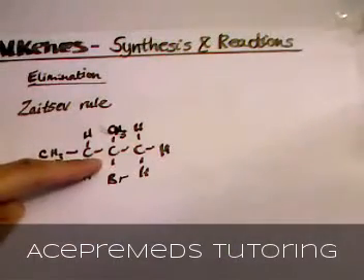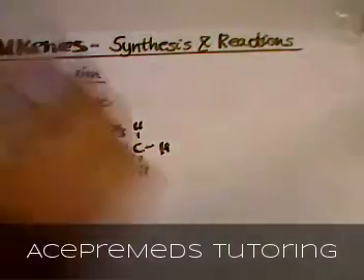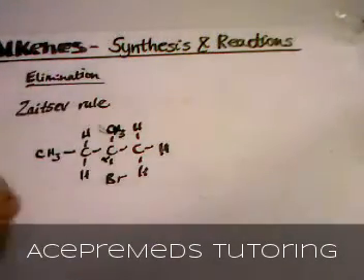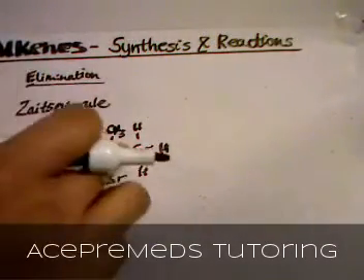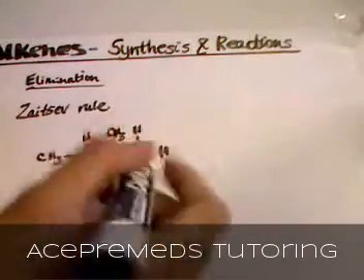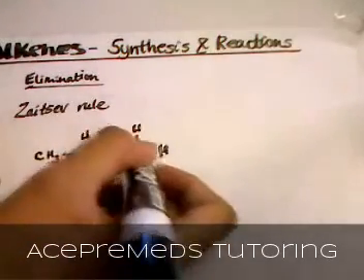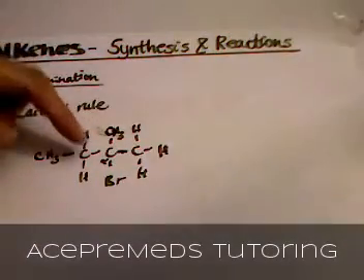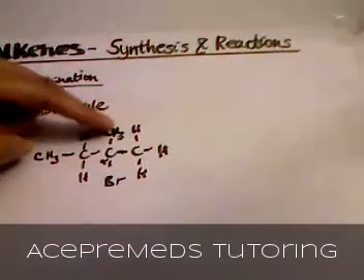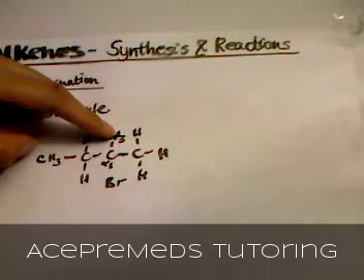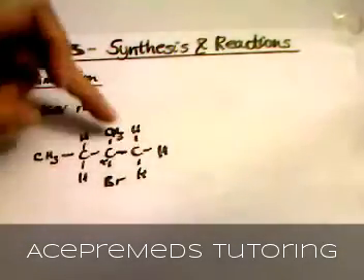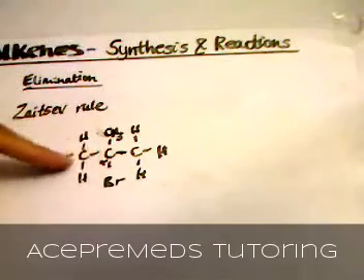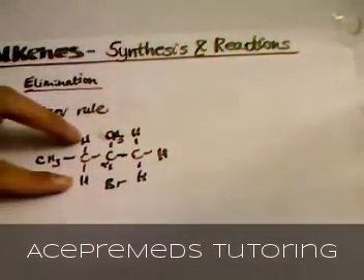If we look at this substrate, we see that this is the alpha carbon. It has 1, 2, 3 beta carbons. So the double bond can actually form between these two carbons if one of these hydrogens is abstracted. Or the double bond could form between this carbon and this carbon if one of these hydrogens is removed, which will give us the same product. Or the double bond could form between this carbon and this carbon, if one of these hydrogens is removed.